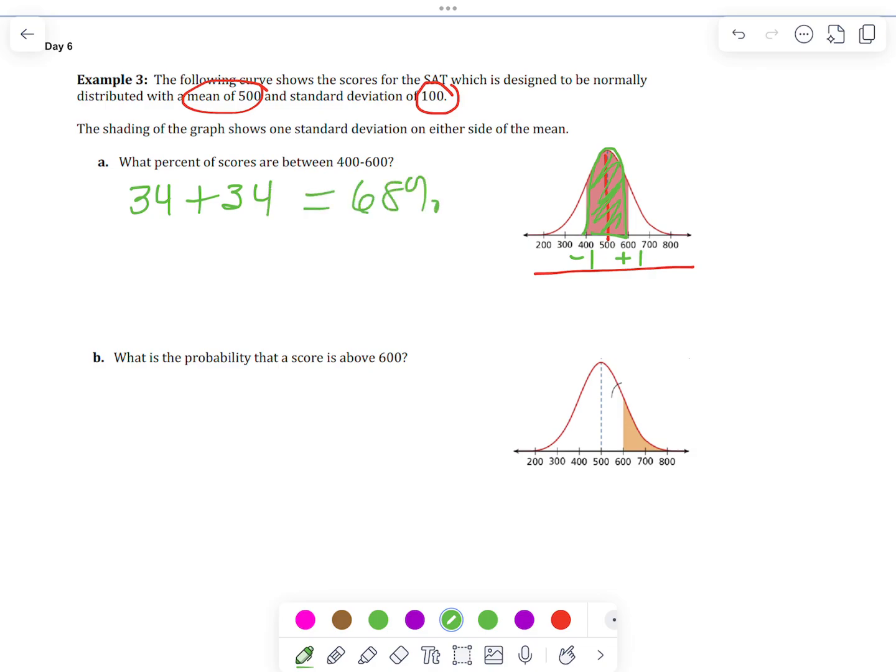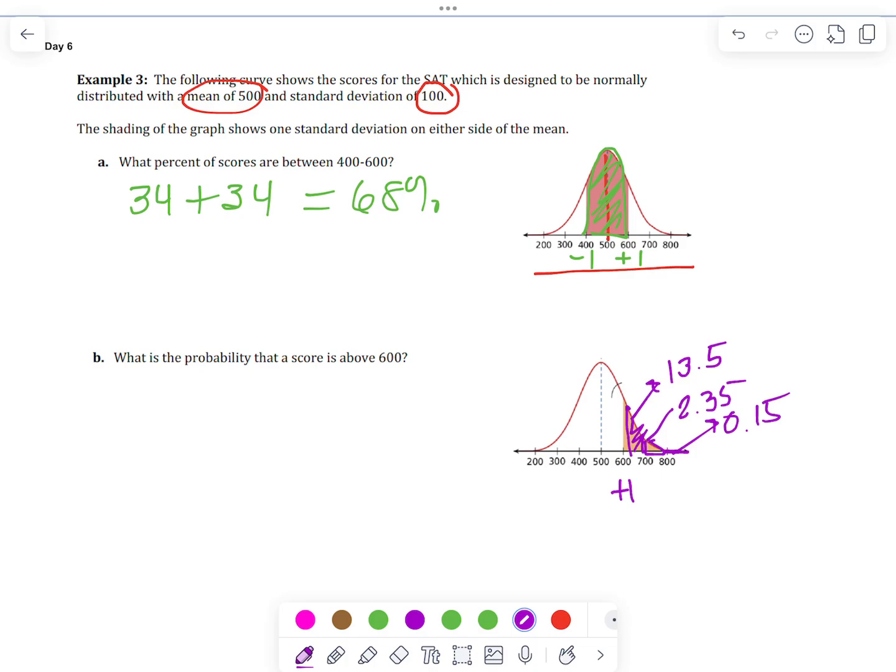B, what is the probability that you'll score above a 600? So here's that +1 standard deviation. So you're going to add those 3 percentages together. This percent here is 13.5, 2.35, and then greater than 3 would be 0.15.